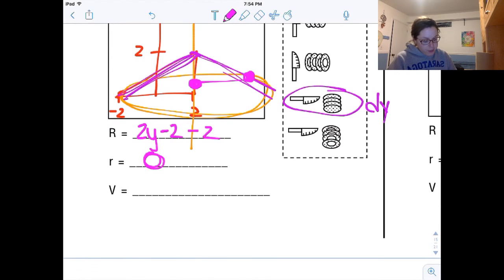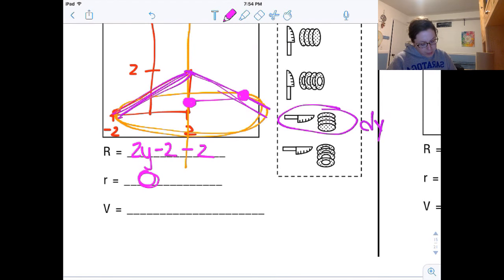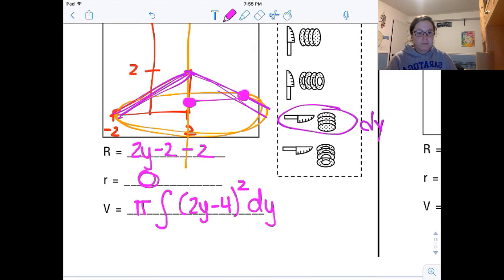And so then your volume would be pi, the integral. There is no inner radius, so it's just pi r squared. So pi r squared, (2y minus 2 minus 2) squared, dy. And my integral is going from 0 to 2, y values.